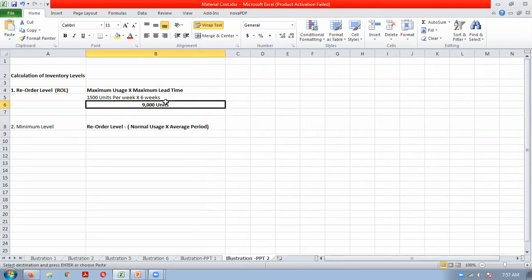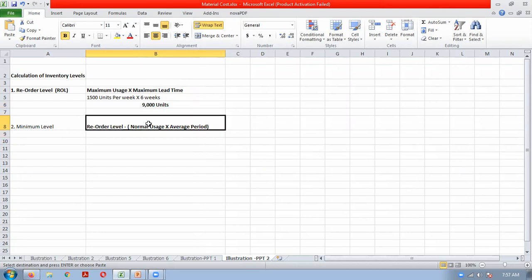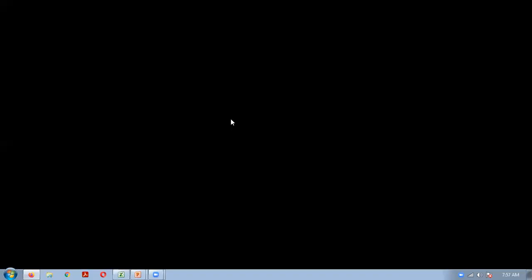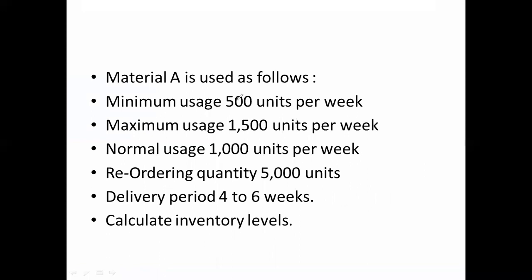So reorder level we have already calculated: 9000 units. Normal usage is given in the question, 1000 units, and average lead time you can find out. You have the minimum lead time and the maximum lead time, so average lead time will be 4 plus 6 divided by 2, so average will be 5 weeks.